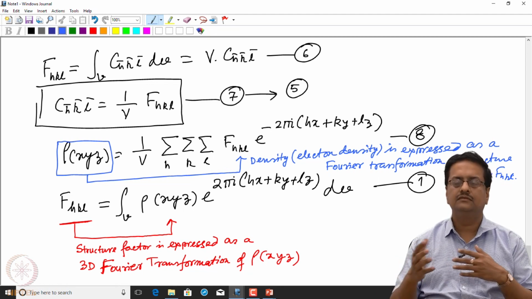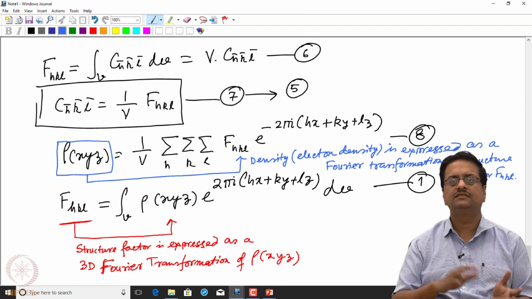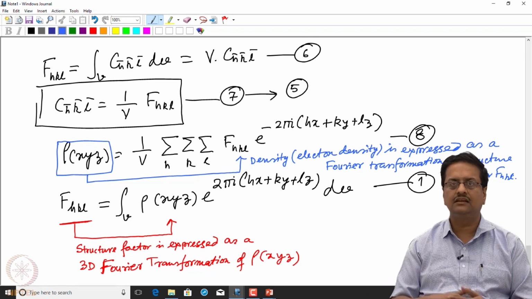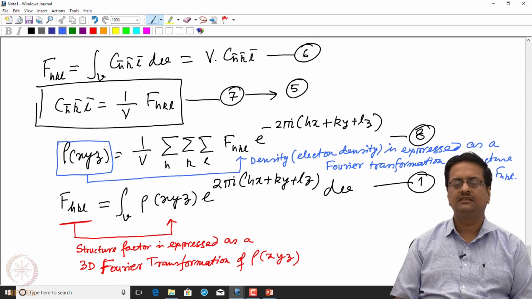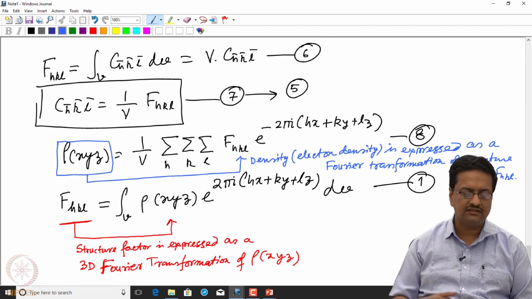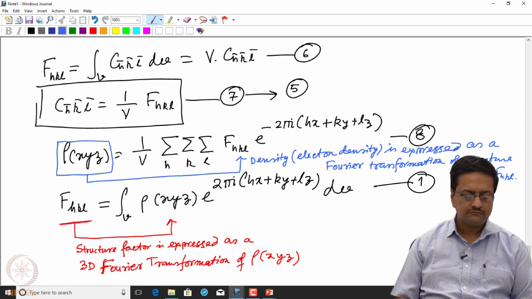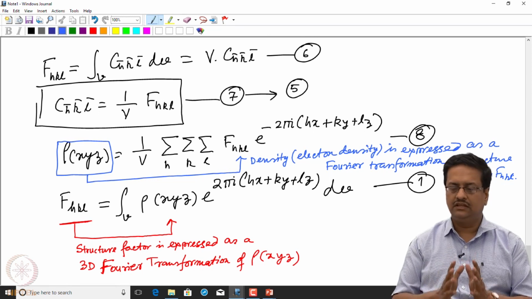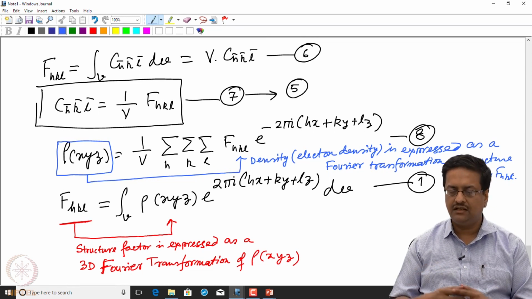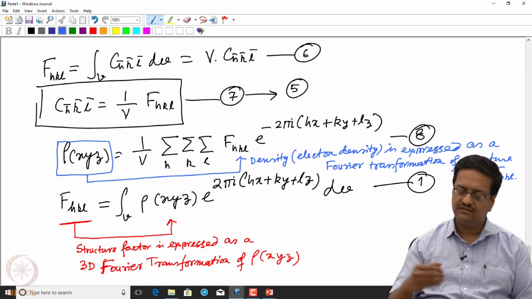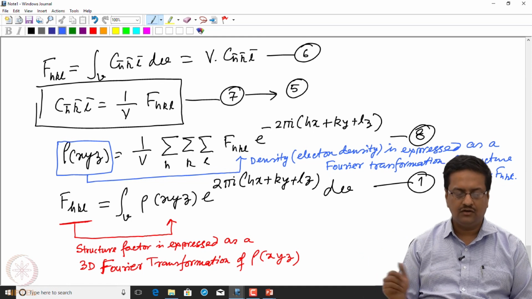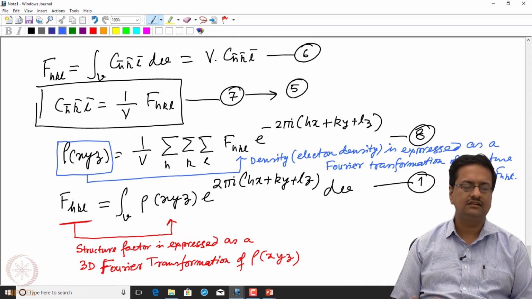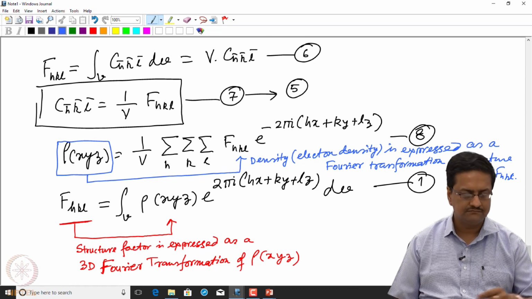So this Fourier transform and inverse Fourier transform is done every now and then when we try to refine and compare the structure and the modified structure along with the model, which we will discuss in future. So in this lecture we have learned till now how one can express the structure factor F(HKL) in terms of rho(HKL) and how one can represent rho(HKL) in terms of F(HKL).